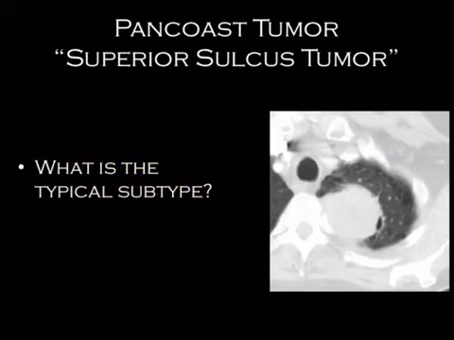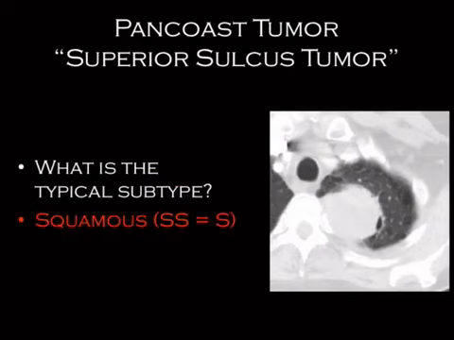What kind of cancer is a superior sulcus typically? It's typically a squamous cell cancer. And the way that I remember that is S for S, SS is S. Superior sulcus tumor is squamous cell.